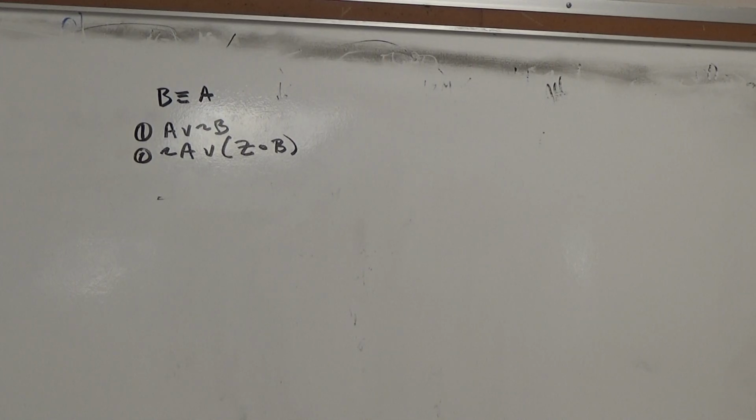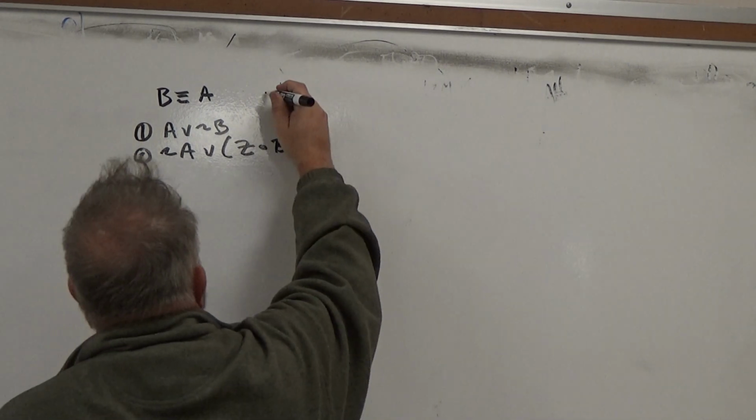So we have to make one, and there's only one rule that lets us get to a biconditional, and that's in the rules of replacement. And we have two options actually.